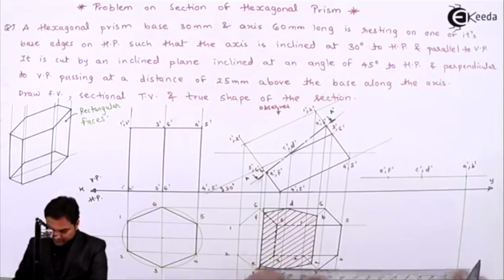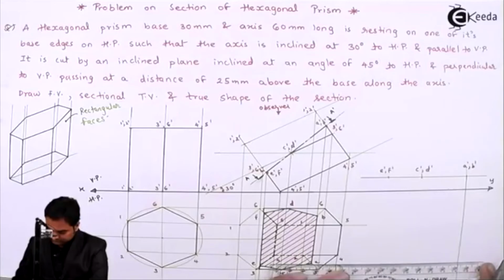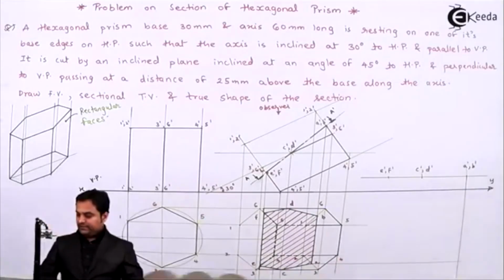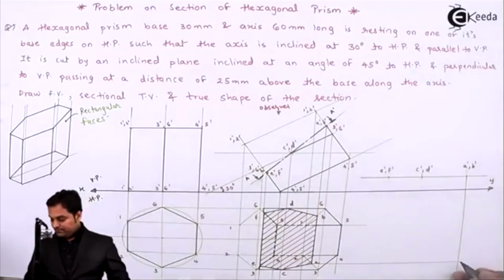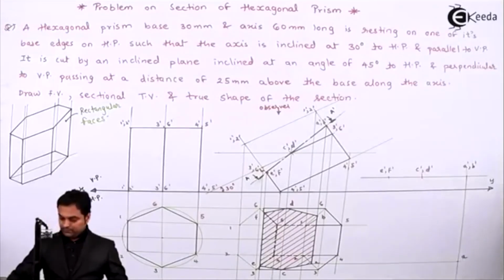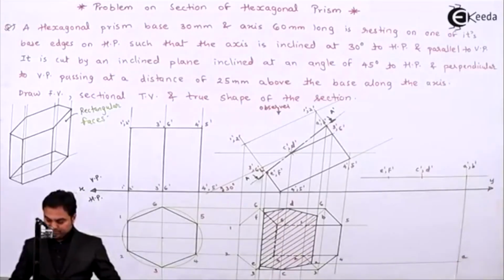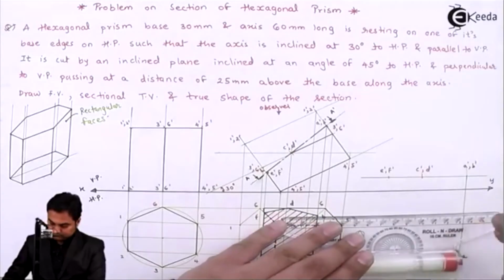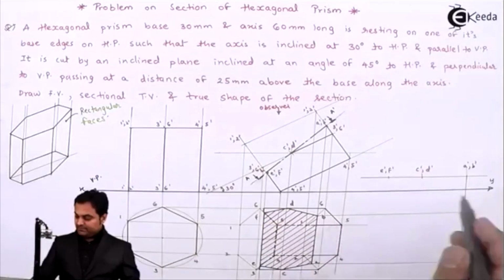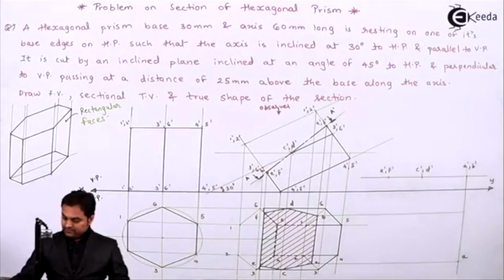Here point A will be projected, where A and A dash intersect, that gives us point A. Next, B dash is onto this same line, where B dash and B intersect, that is point B.